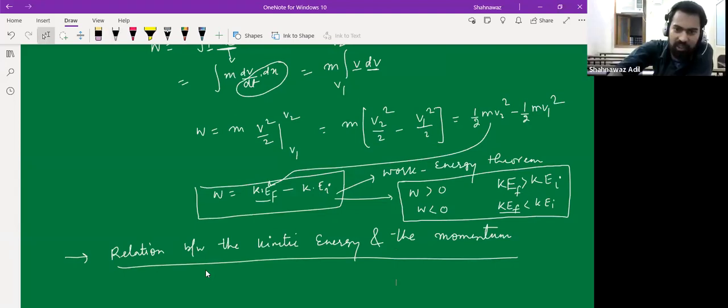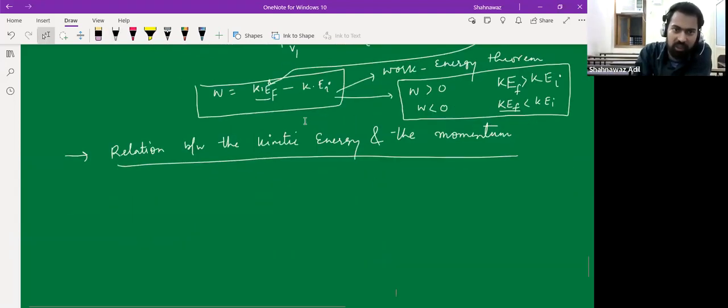So the relation between the kinetic energy and the momentum. Your momentum is mass into velocity, right? These are all in magnitude form, so don't bother about the vector signs. And your kinetic energy is half mv square. So let's multiply with m and m here.